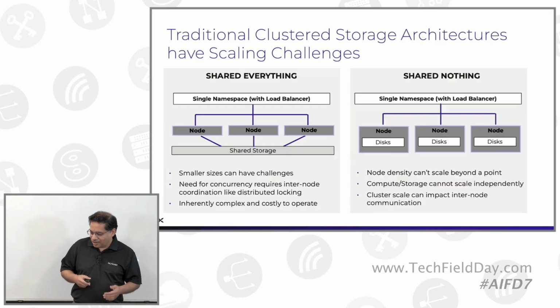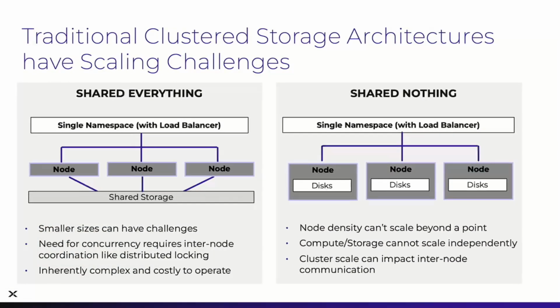That's one. The second one is more of a shared nothing architecture, where you provide a single namespace still, but then you have a collection of nodes that are working independent of each other, right? They're in separate fault domains. They are not typically communicating with each other for providing access to data. But then each node or each piece of this namespace brings along with it compute and storage. And that's how they provide the namespace.